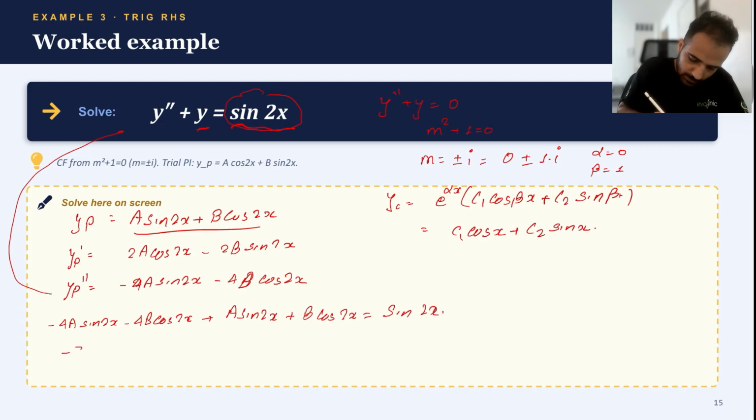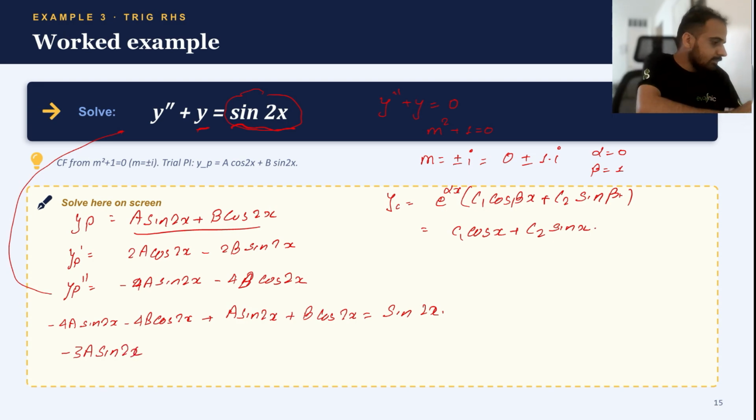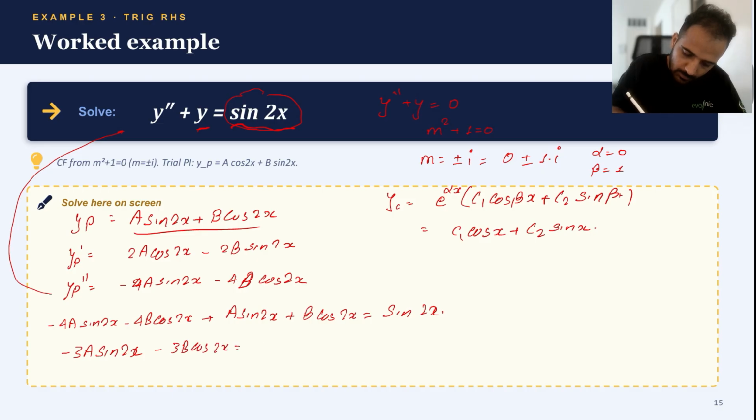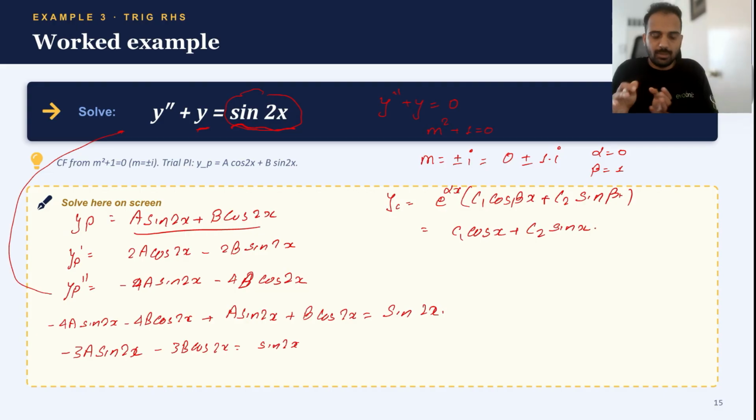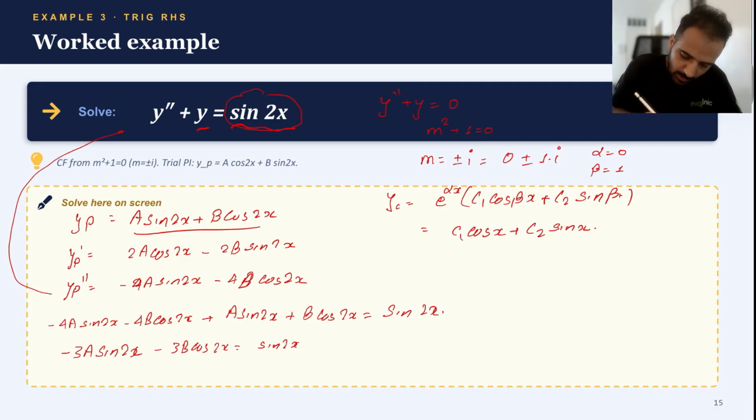That means you have negative 3a sine 2x negative 3b cos 2x equals sine 2x. You do not have any cos 2x term here, right? So equating the coefficients of sine and cosine, you have negative 3a equals 1 and negative 3b equals 0. That means b will be 0.